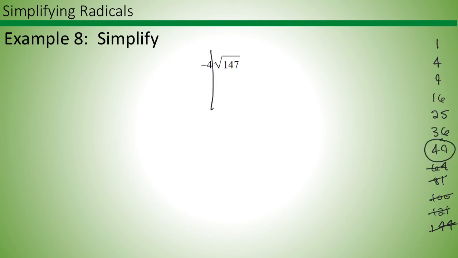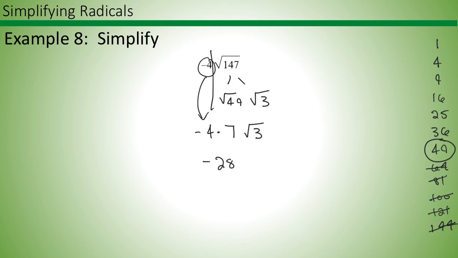If I break this apart, it's root 49 times the square root of 3. The square root of 49 is 7, root 3, and then we're going to bring this number down. Negative 4 times 7 root 3, so that would be negative 28 square root of 3. And we are done there.